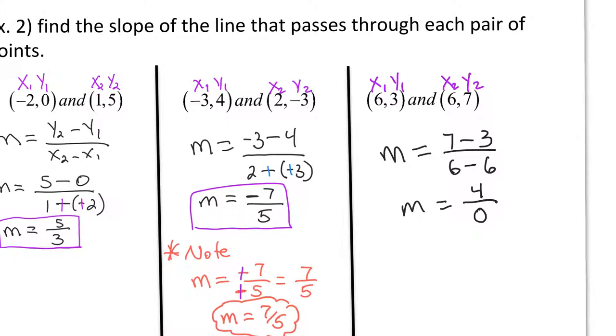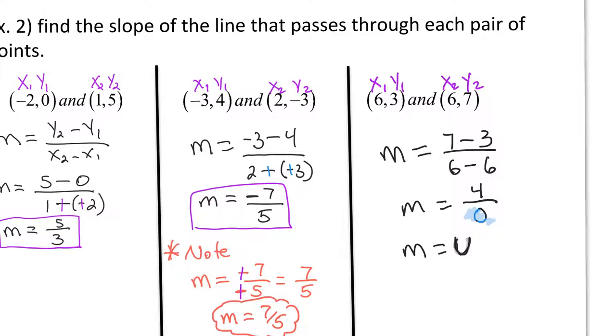All right, guys. Now, important, also very important. If you have a 0 on the bottom, actually, let me just highlight it. There's a 0 on the bottom of the fraction. When you have that 0 on the bottom, it doesn't matter what number you have on the top. If it's negative, positive on the top, does not matter. If you have a 0 on the bottom, your slope will be undefined.